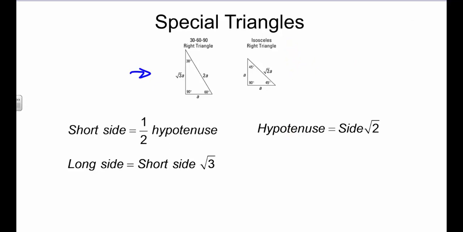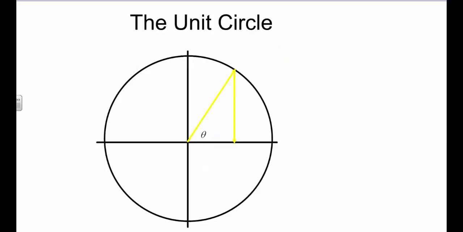Now, from here, we're going to jump to something known as the unit circle. A unit circle is a circle with a radius of 1.